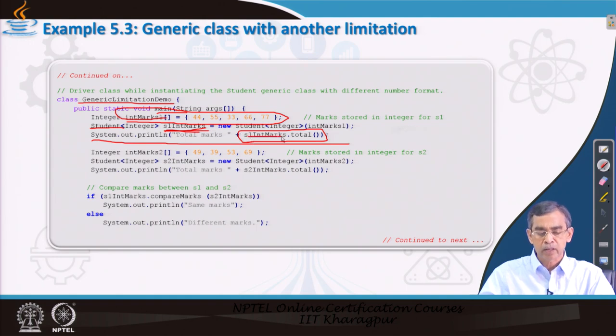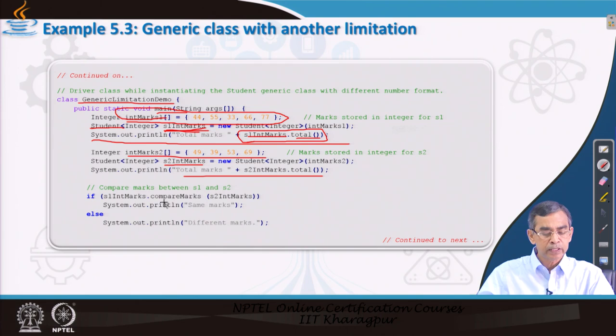For this object we call this method, and it works for you. Now, we create another array of integers, and then we create another collection S2 integer marks. These are the two sets S1 and S2, all of the same type integer, and then we again find the total, absolutely no issue.